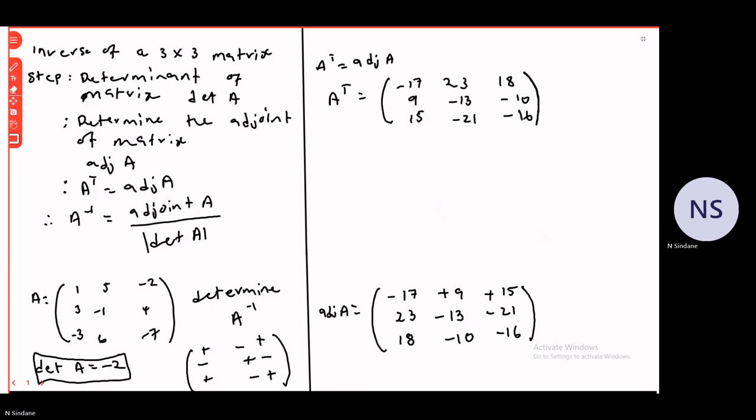Okay. Then now we can identify our inverse, which is the adjoint of A over determinant of A, which can be written as 1 over determinant A multiplied by our adjoint.